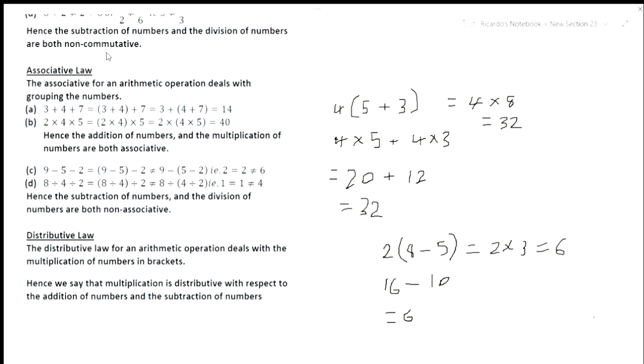But the distributive law principle becomes more needed when you're looking at algebra. Okay, because sometimes you're going to get A and B inside the bracket and you can't add A to B because you don't know what the variable A is and the variable B is. So you can't add two numbers when you don't know what they are. So you'd have to multiply what's outside the bracket by each member to simplify.